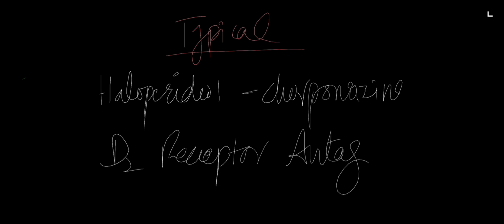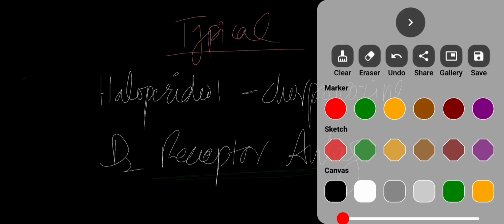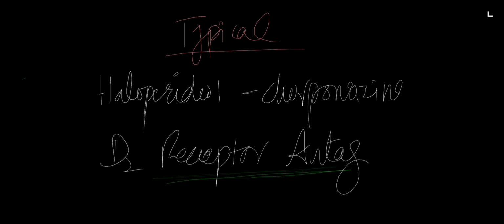Now let's talk about the typical antipsychotics, and these are the old antipsychotics like haloperidol and chlorpromazine. What's the mechanism of action? They are D2 receptor antagonists. Typical antipsychotics are D2 receptor antagonists.